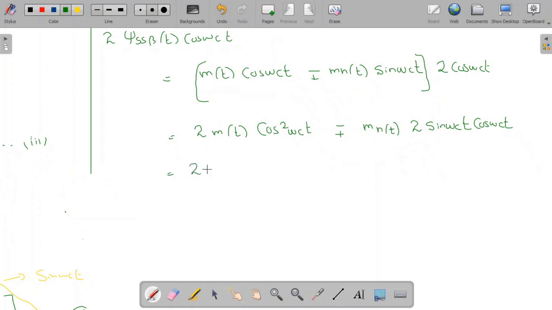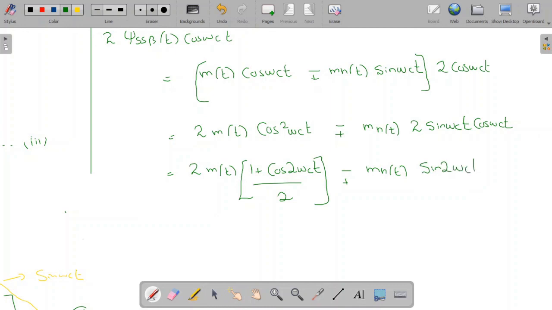From trigonometric knowledge, we know that this is equal to 1 plus cosine 2 omega ct divided by 2, minus plus m h of t, and this is equal to sine 2 omega ct.